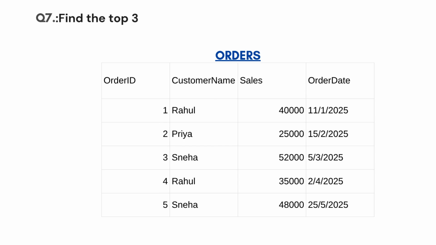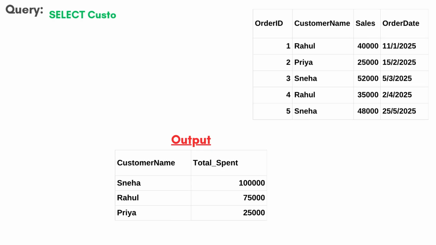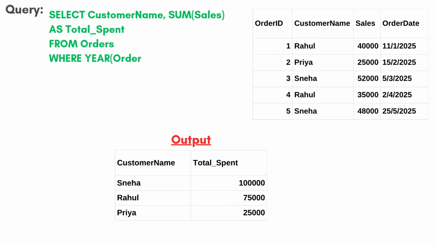From the same orders table, find the top 3 customers who spent the most in 2025. So what will be the query? Select customer name, sum sales as total spent from orders where year is equal to 2025, group by customer name, order by total spent descending, limit 3.